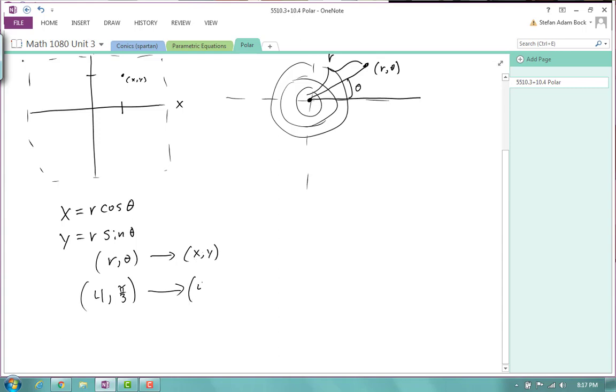So this would be 4 times cosine of pi over 3, and y is equal to r sine theta, so this is 4 times sine of pi over 3. But this simplifies, of course, because cosine of pi over 3 is a half, so this is 2, and sine of pi over 3 is root 3 over 2, so this is 2 times root 3.